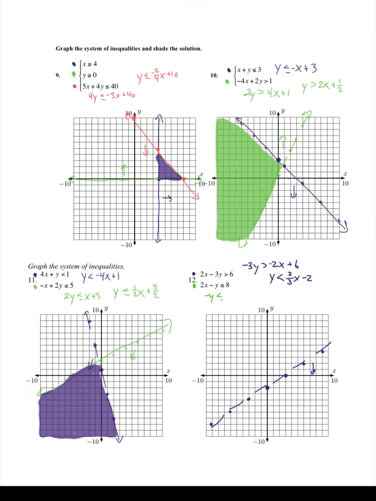Now we're going to subtract 2x and divide by negative 1. So again, the sign's going to flip and go from less than or equal to greater than or equal to. We start at negative 8, and then up 2 to the right 1, or down 2 to the left 1.